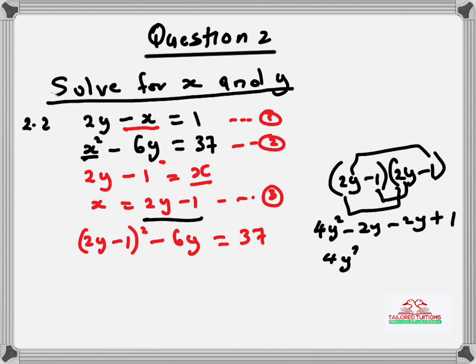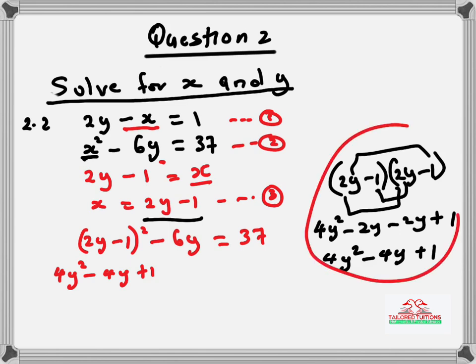So this is 4y squared minus 4y plus 1. Because of the space, I'm just going to write my answer here as 4y squared minus 4y plus 1. This is the answer to this. I've shown you how we got to that answer, and let us continue.